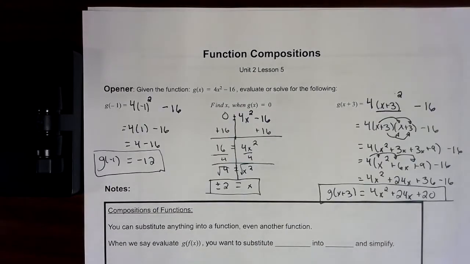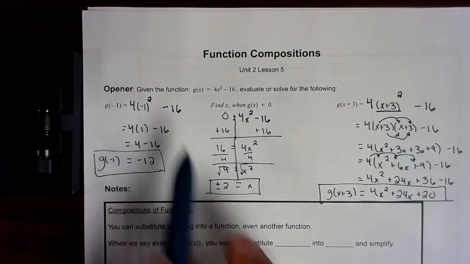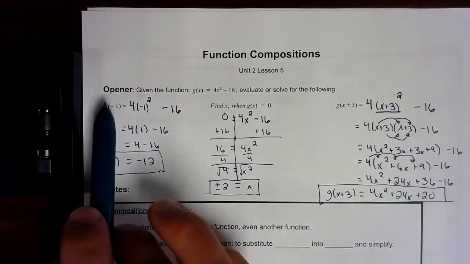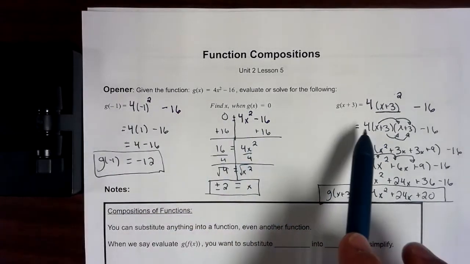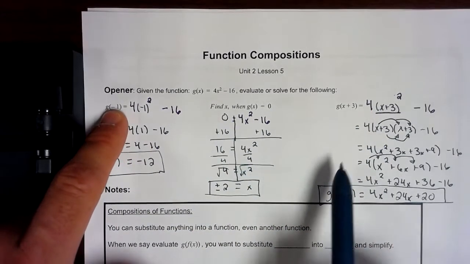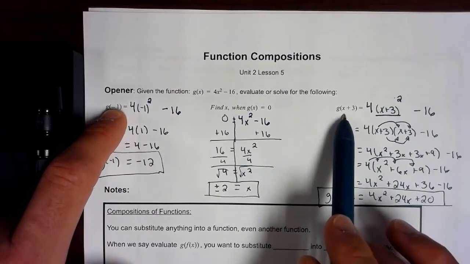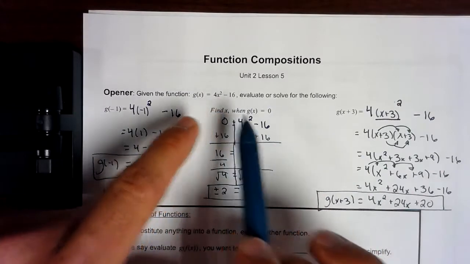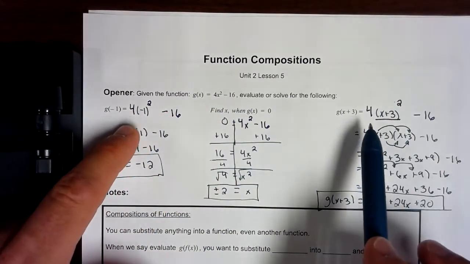All right, welcome back, and here are the answers to the 3 opening problems. Let's just quickly recap what's going on here. I like to use different colors. I know it's kind of hard to see on this recording, but anytime we see something inside parentheses, like on this first opening problem and the one off to the right, we need to take the original x's in the equation and replace them with what's inside the parentheses.